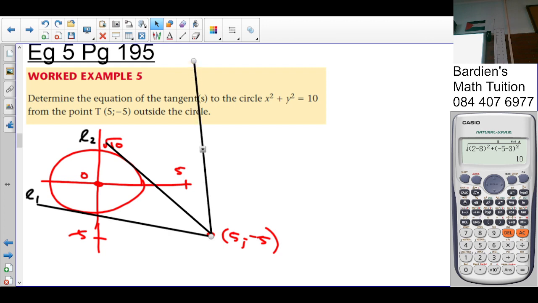Now if this is a line from (5, -5), then what's going to happen here? It is touching once, so it's a tangent at that point. Where else is it touching once? There as well. So that's why I know it's going to have two tangents. Make sense? Alright.